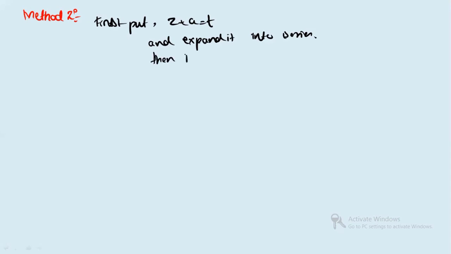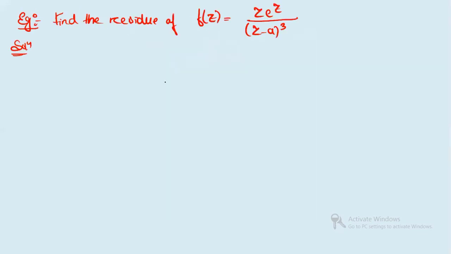Then what do you see? The residue at z equals a, for a function whose pole is a, is the coefficient of 1 by t. Clear? So this is the other method. Nothing more to do; just put z plus a equals t, expand it into series, and then just do it.